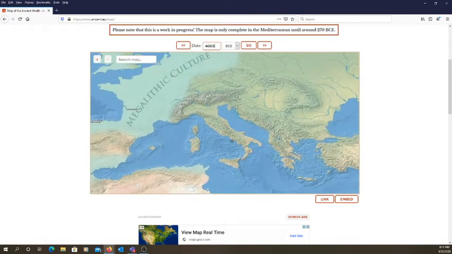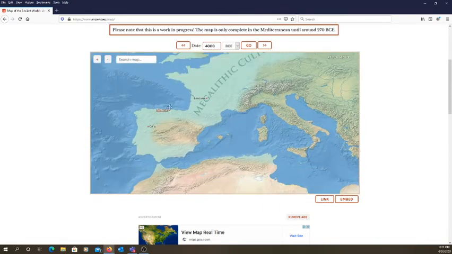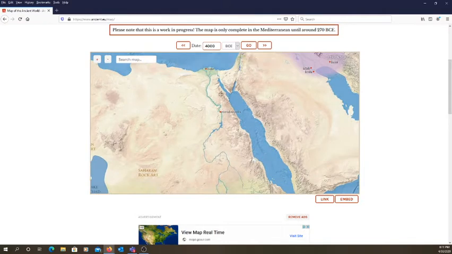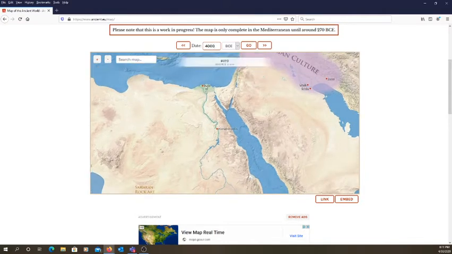Nothing yet in Greece or in Rome, but you do see the minor civilizations here at Lascaux and Altamira. And then, of course, what's exciting is now that we're in 4000 BC, we're about to see our northern and southern kingdoms, our upper and lower kingdoms of ancient Egypt here at Herakleopolis and Buto.